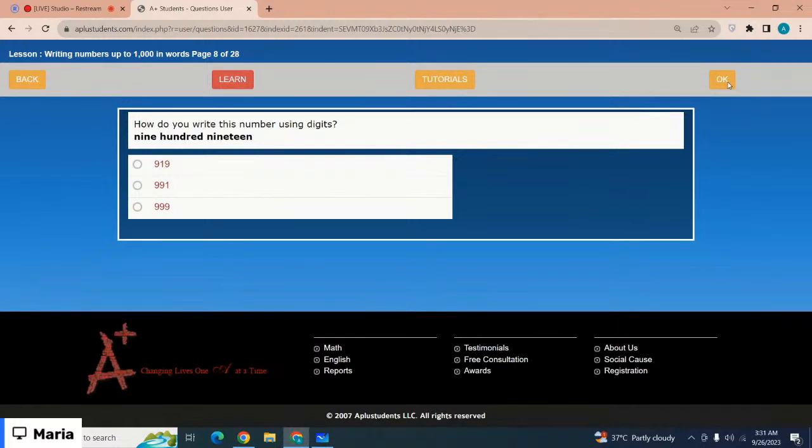So, which is the correct option? Yes, that is 919. Option number 1 is the correct option.